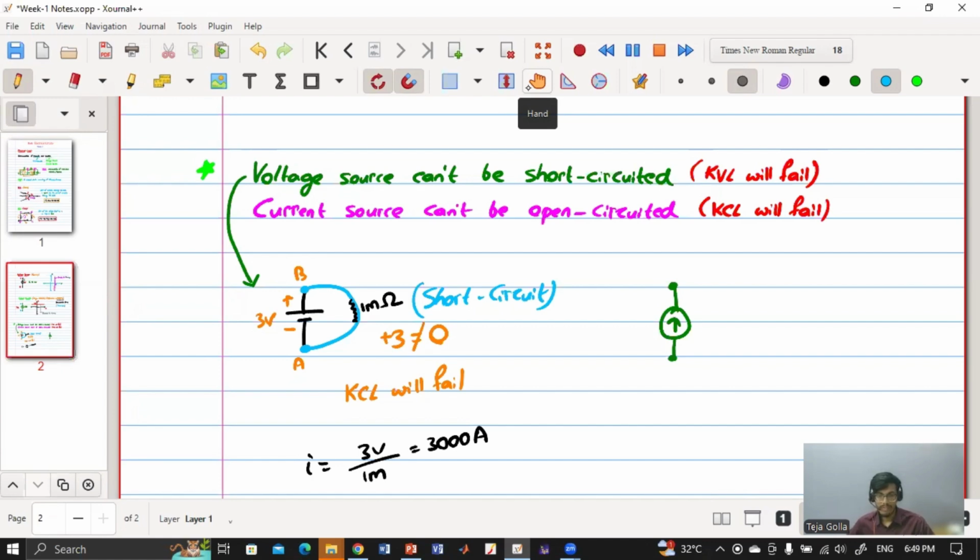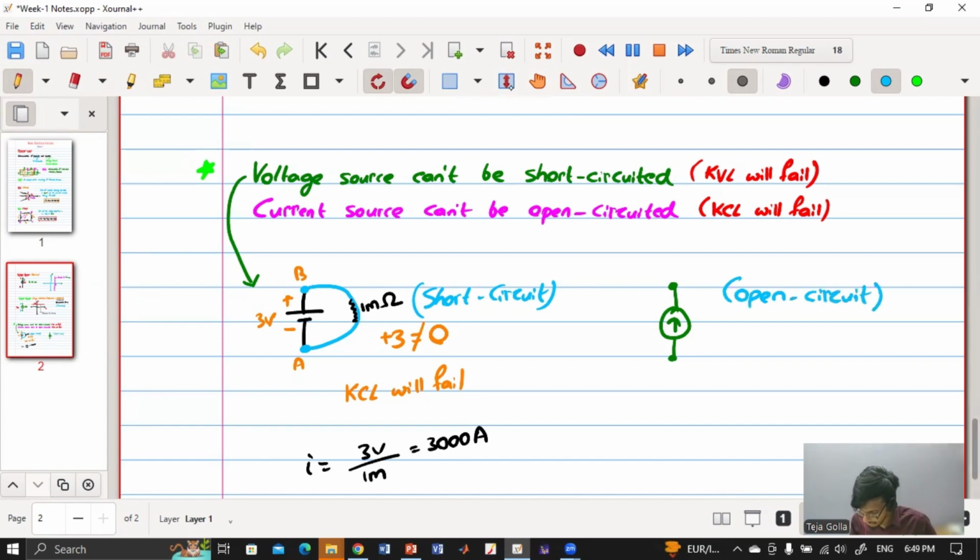So the fuse is kept to protect the devices as well as the grid, meaning where you are getting the supply from. That is what happens when there is a huge rush in the current. And this is called open circuit. Open circuit means it is not connected to anything.